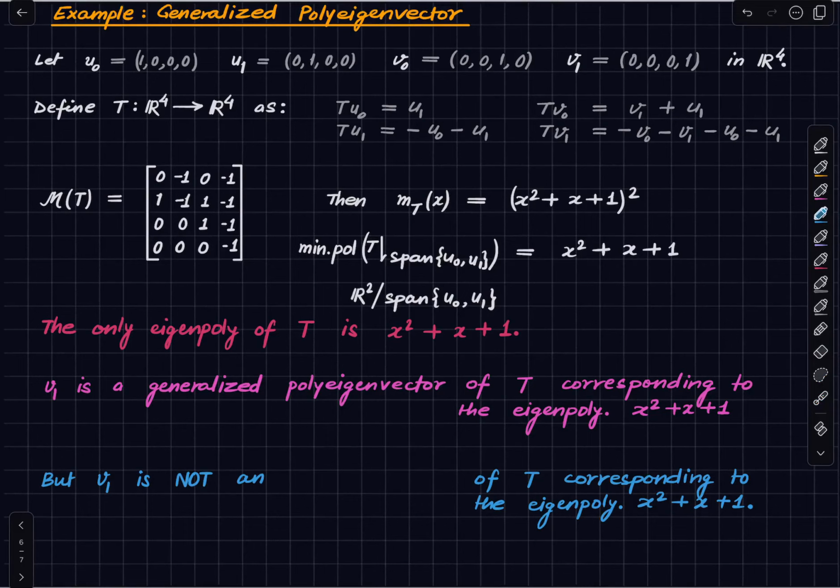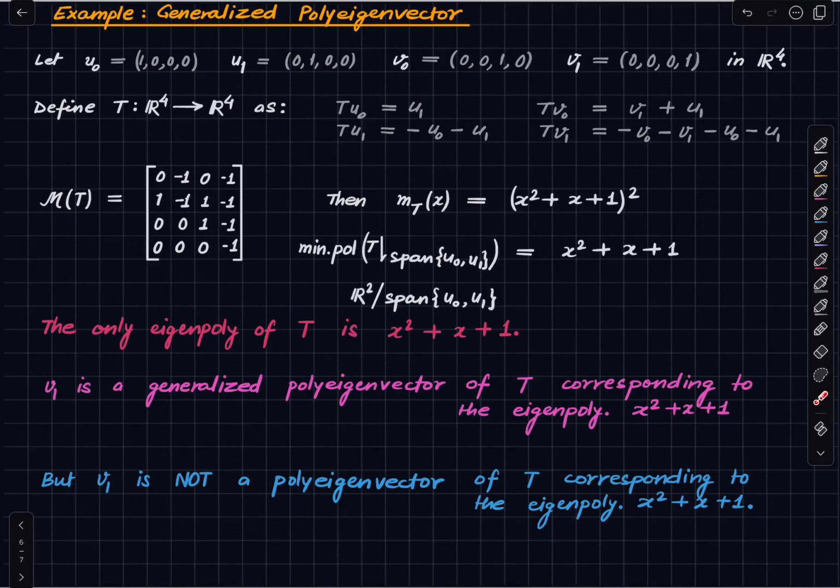We see that V1 is a generalized Polyeigenvector of T corresponding to this eigenpolynomial, but V1 is not a Polyeigenvector corresponding to this eigenpolynomial. So here I wanted to write Polyeigenvector. Right, so V1 is not a Polyeigenvector of T corresponding to this eigenpolynomial, simply because if you just compute, this thing is non-zero. That's a matter of computation.